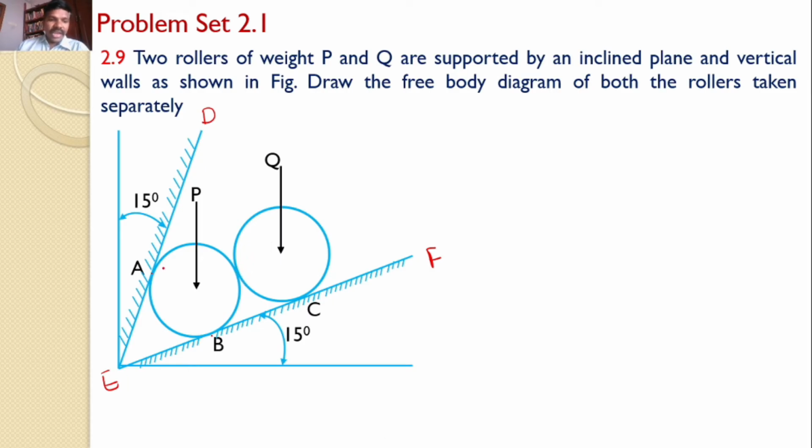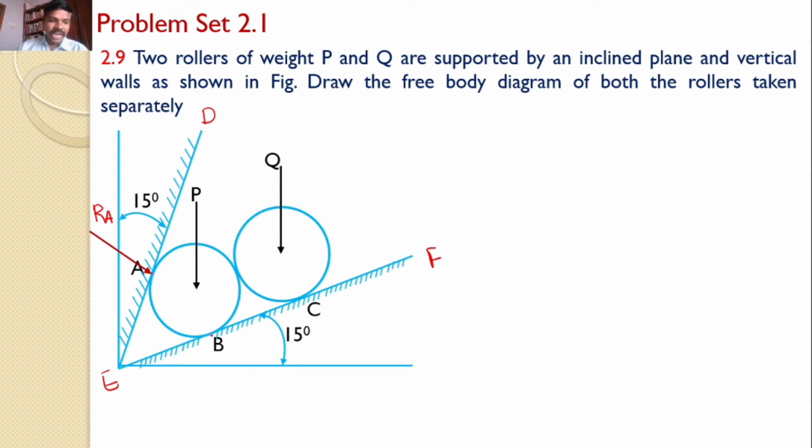So at all these places reaction forces will develop. First consider point A. What is the reaction force? Since it is a fixed support, the reaction force will be perpendicular to the fixed support, that is DE, at point A, and it is towards the roller P. This is the reaction at A.